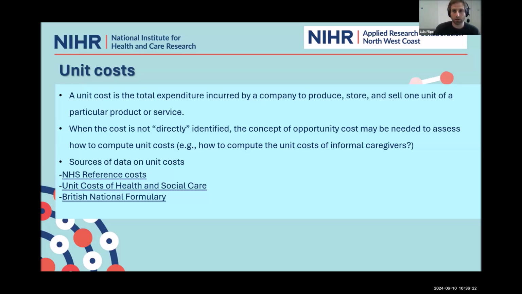So what researchers are going to do in general is try to compute an average and understand what is the average cost of that procedure, of that service. But you do need to put everything together. So the unit costs really depend on the unit that you are choosing. If it is a service that has several things in there, you need to compute the average of that.